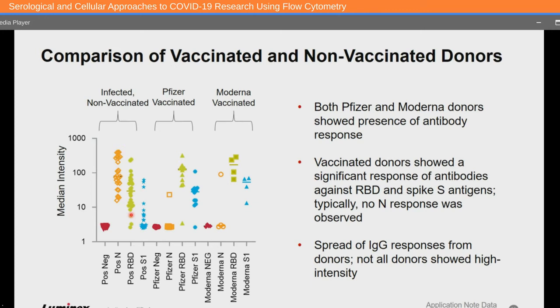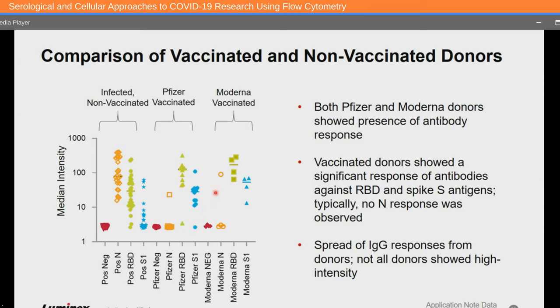If we look at the Pfizer vaccinated samples, we see there is strong RBD and S1 response in most donors, but a donor or two has N response in the sample tested, which indicates likely prior infection. We can also see a donor with low intensity of signal for the RBD or S1 response.